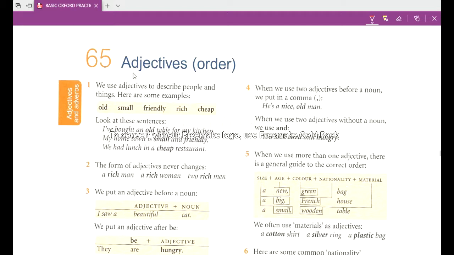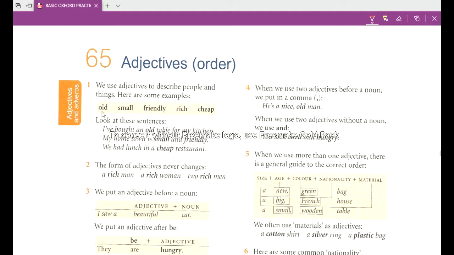So I want to talk to you about adjectives order. We use adjectives to describe people and things. And I have here some examples.